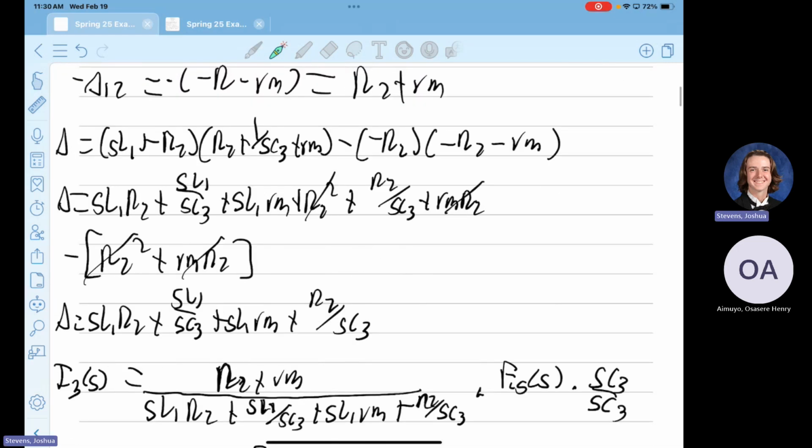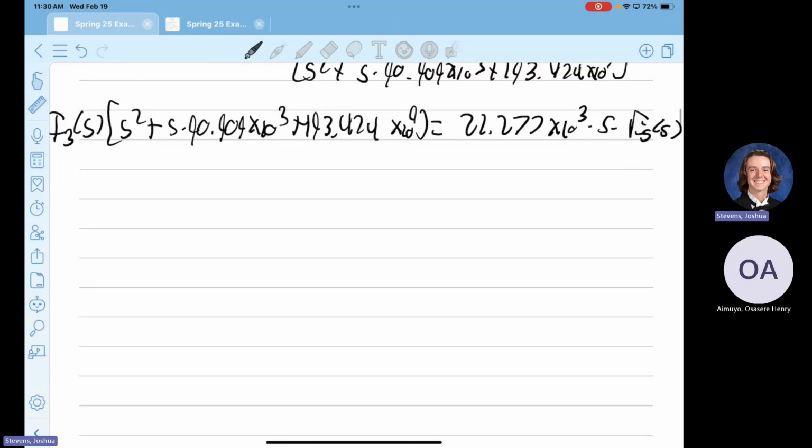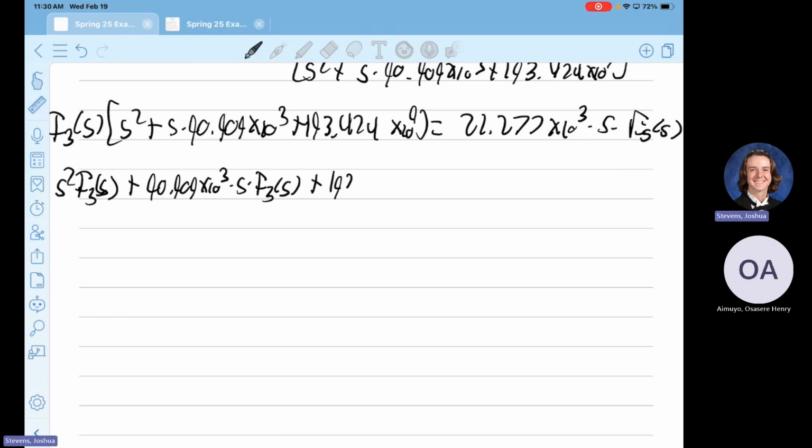So that becomes S squared times I3 of S plus 90.909 times 10 to the third times S times I3 of S plus 193.424 times 10 to the ninth times I3 of S equals 21.277 times 10 to the third times S times EG of S. All right.